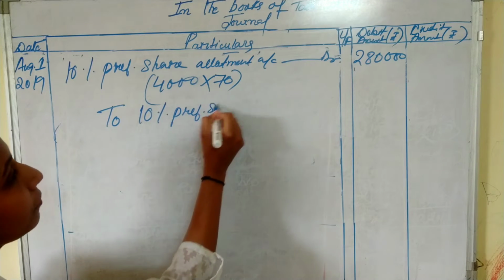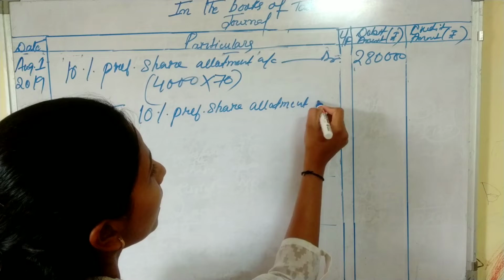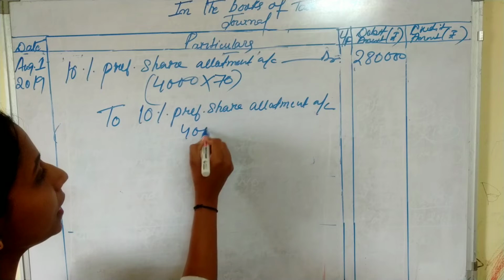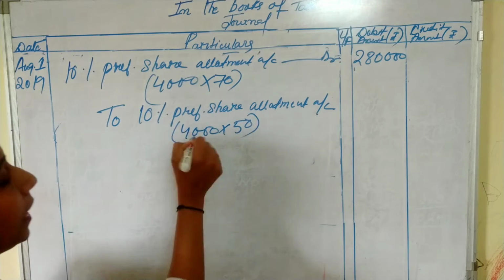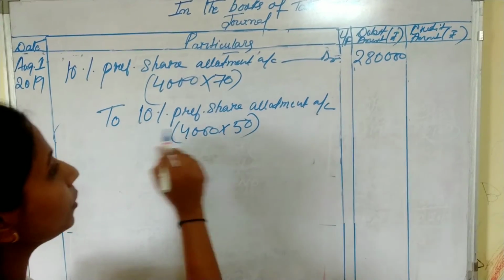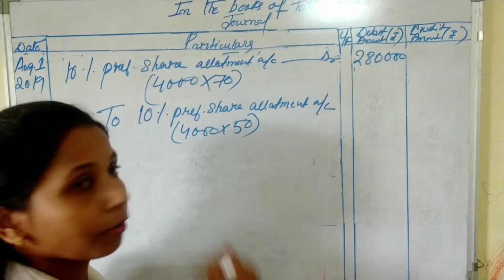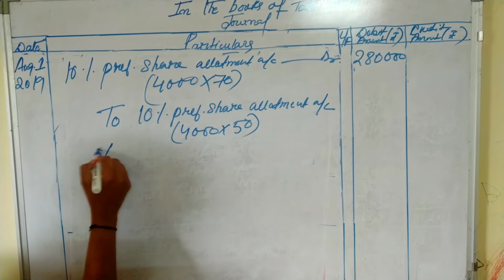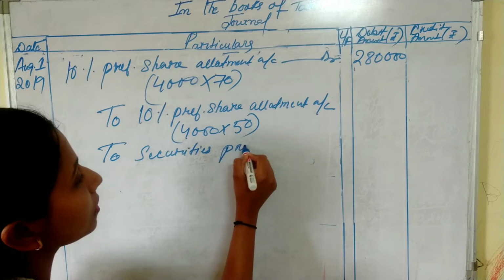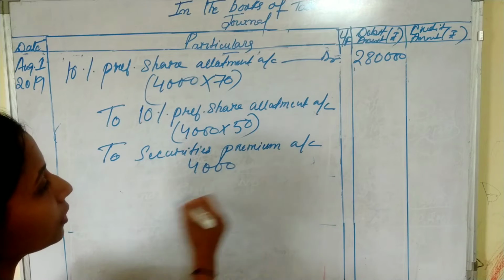Now we will credit to 10% preference share allotment account. So I have discussed earlier that the allotment money is 50 and the premium amount is rupees 20. So we will multiply 4,000 by 50 for allotment. Securities premium, we will write to securities premium account. Number of shares 4,000.